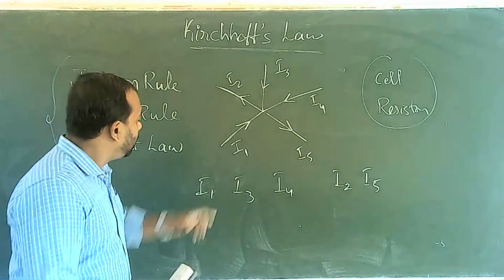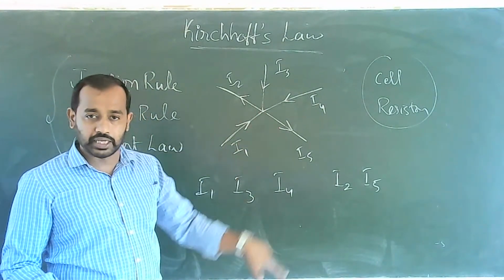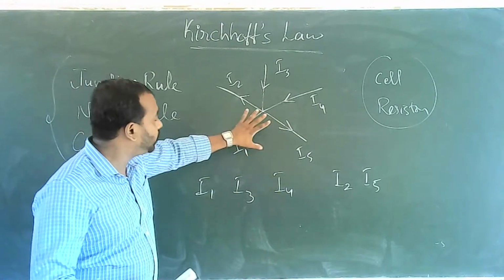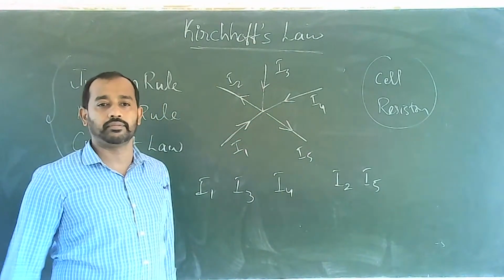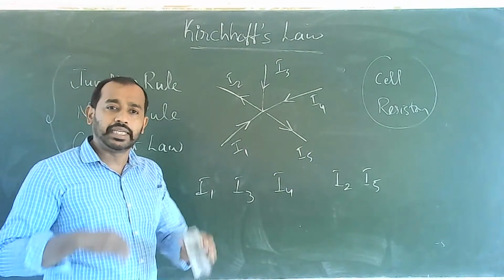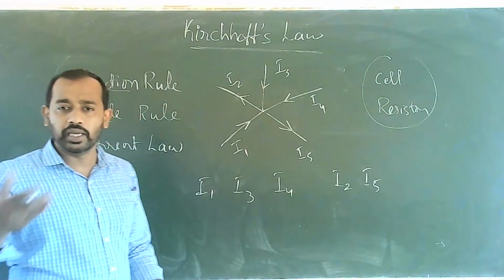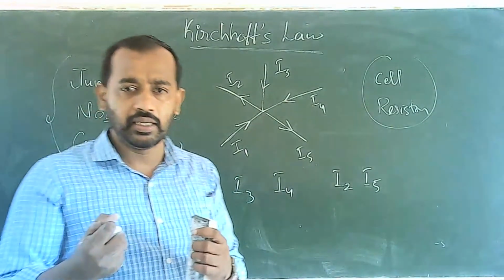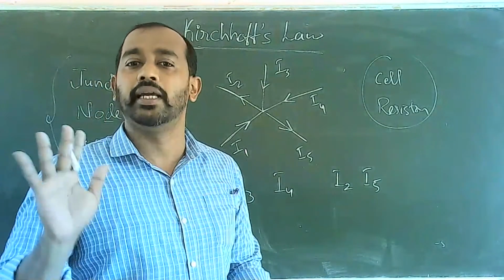But if we assume that the currents flowing into the junction are positive, then those flowing away from the junction should be treated as negative. It can happen the opposite way also, but usually what comes in is taken as positive and what goes out is taken as negative.